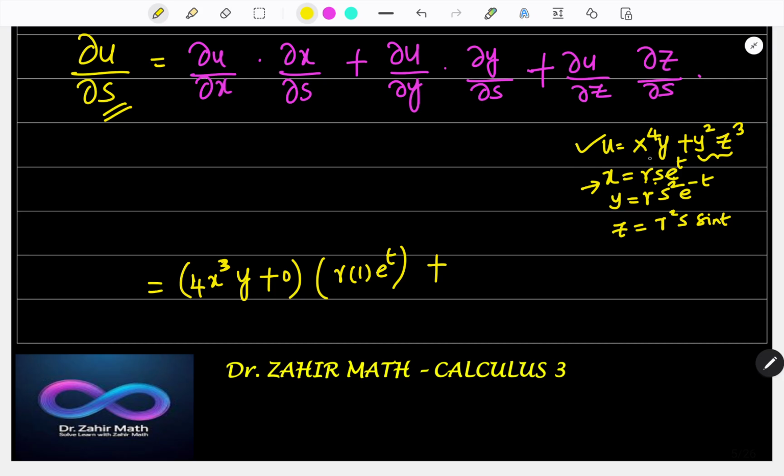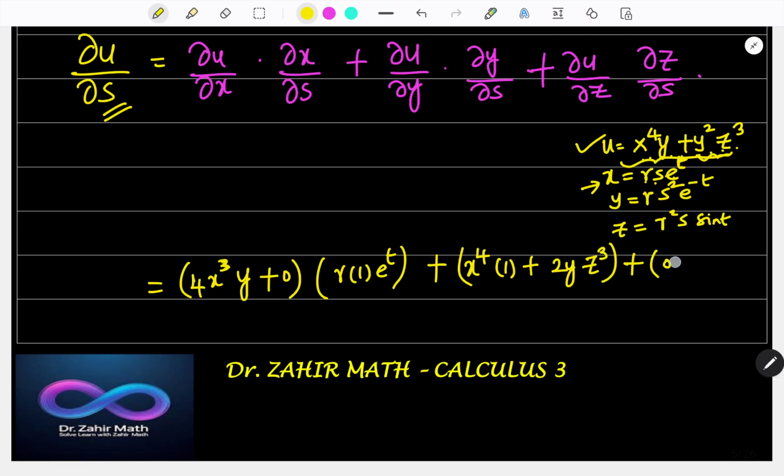Plus dou u by dou y. We are differentiating this one with respect to what? Y. So x power 4 will be the same and y derivative is 1, 2y; the derivative of y square is 2y, and z cube. In the multiplication, the variables will be nearby, so don't disturb. In the plus, the variable terms will be 0. And then plus dou u by dou z. So you're going to differentiate this one with respect to z.